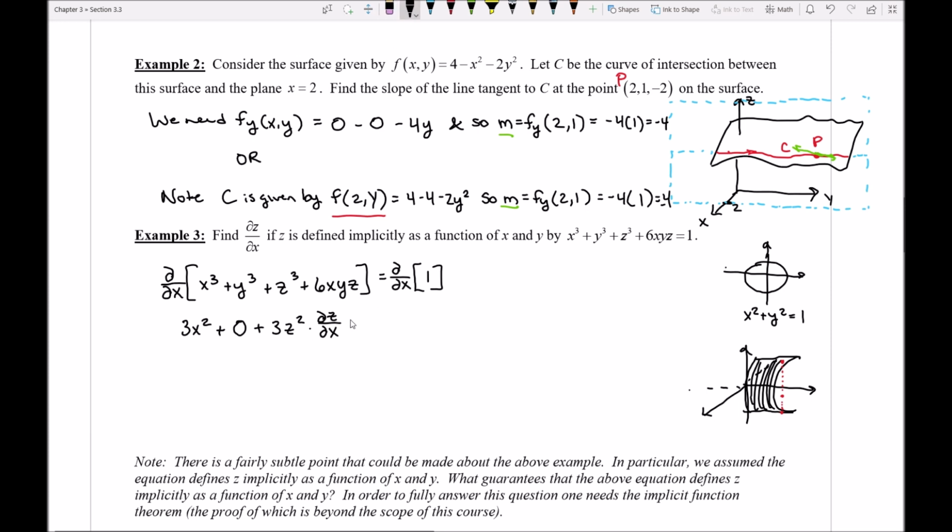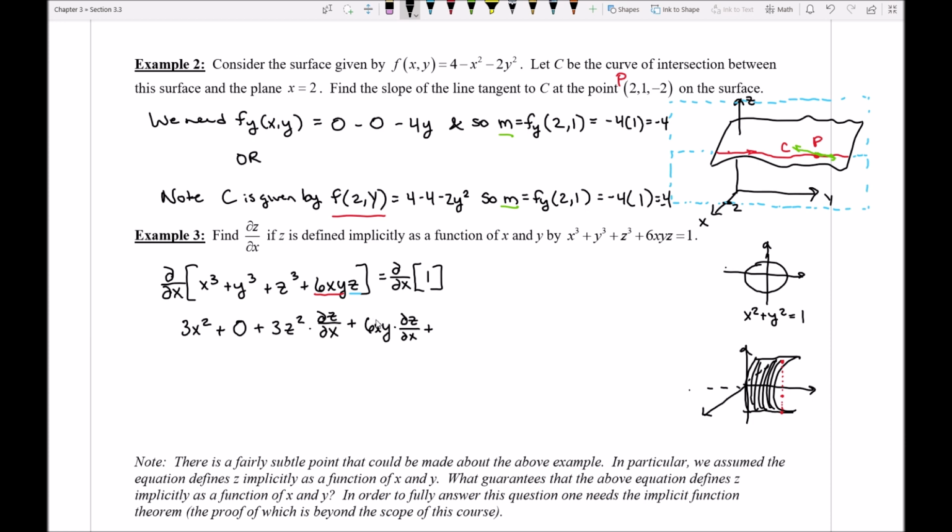The tough part here at the end is that I'm going to have 6 times x times a number times stuff with more x's and y's. So I actually am going to have to make use of a product rule here. I'm going to think about 6xy as one of the items in the product and z as the other. So I would have 6xy times the partial derivative of z with respect to x.